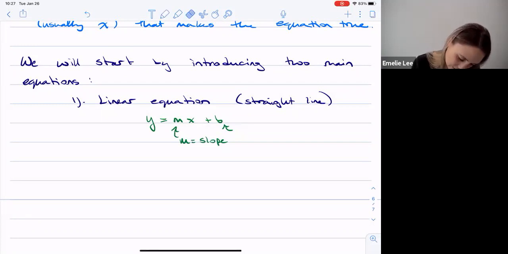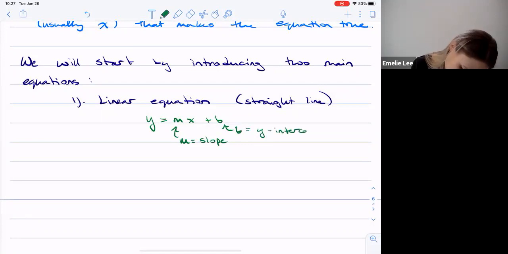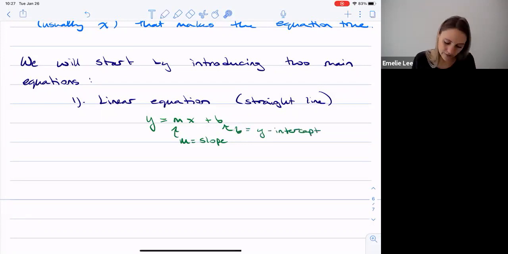B is the y-intercept. Then we leave x and y as x and y, open for plugging in any value of x and y, or any combination of x and y.